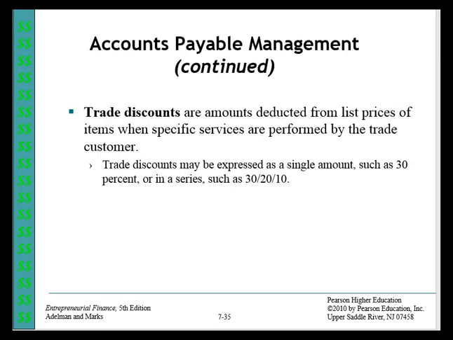Now, trade discounts are amounts that are deducted from the list price when a person performs some form of service. So again, these might be something that's called here 30, 20, 10, right? There's a series of these, so that means there are a series of obligations that need to be met in order to make that payment.